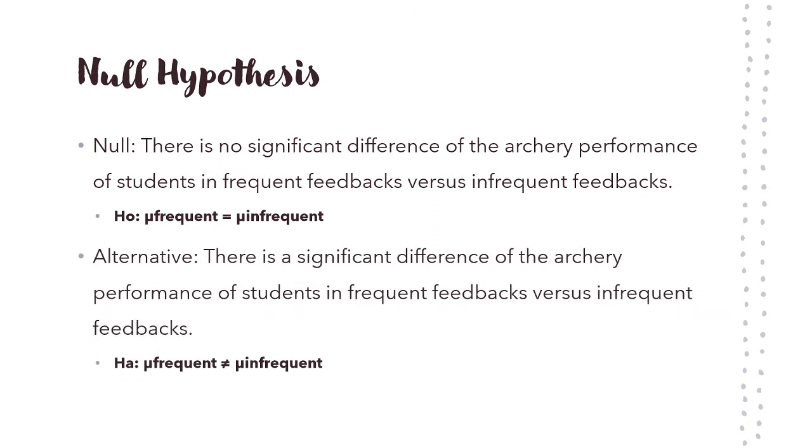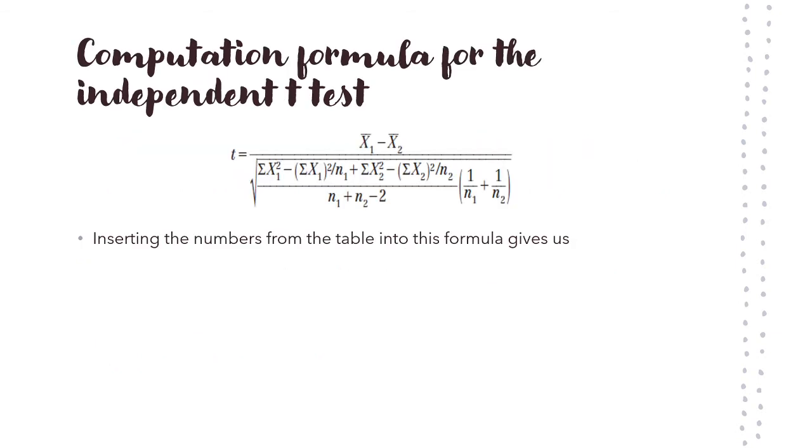The alternative hypothesis, if the null hypothesis is rejected, is that there is a significant difference in the archery performance of students with frequent feedback versus infrequent feedback. So this is the computation formula of the independent t-test.